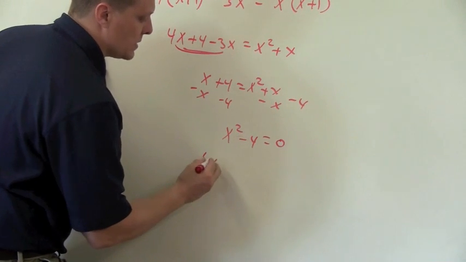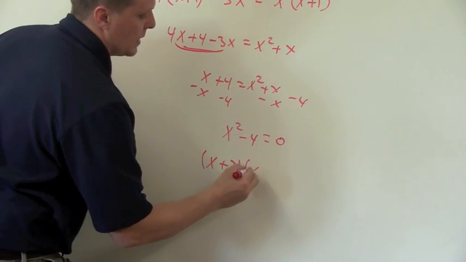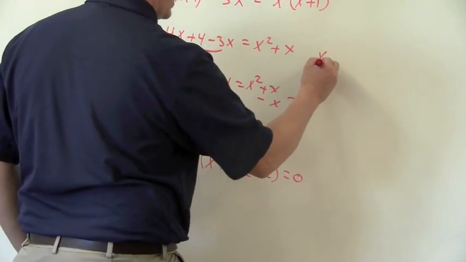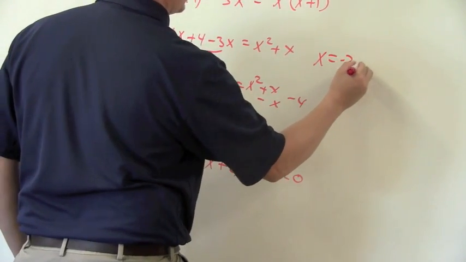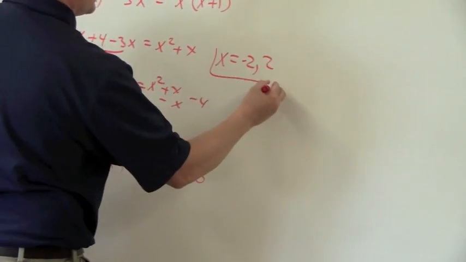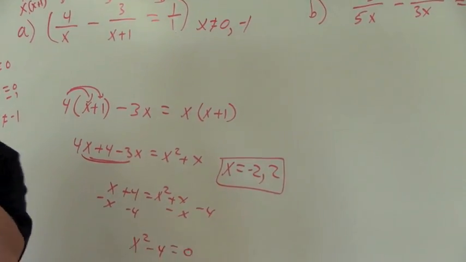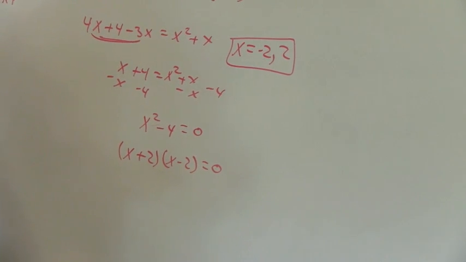Difference of perfect squares, that's x plus 2, x minus 2 equals 0. So therefore x is equal to -2 and +2. Neither one of those meets the restrictions, so they both work. Those are my two answers.